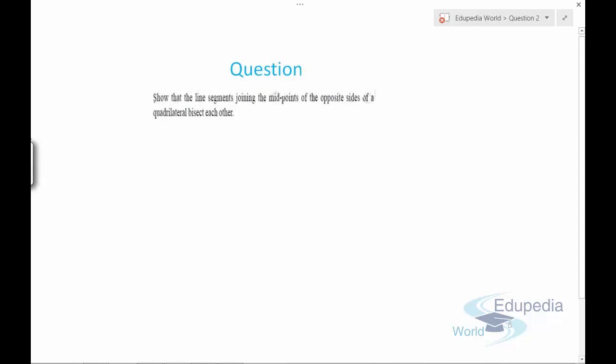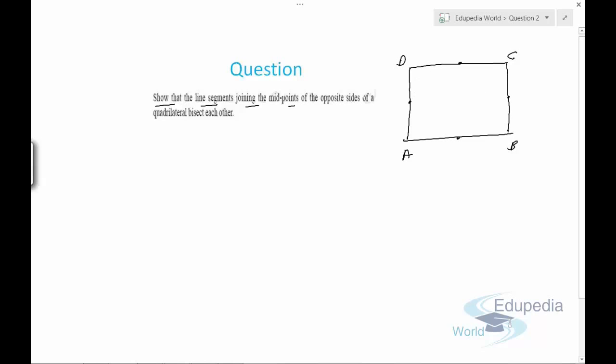Now question number 2 says: show that the line segments joining the midpoints of opposite sides of a quadrilateral bisect each other. So let's say we have a quadrilateral like this, ABCD, and let's say these are the midpoints.